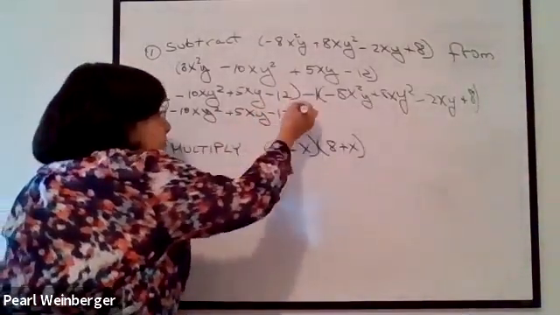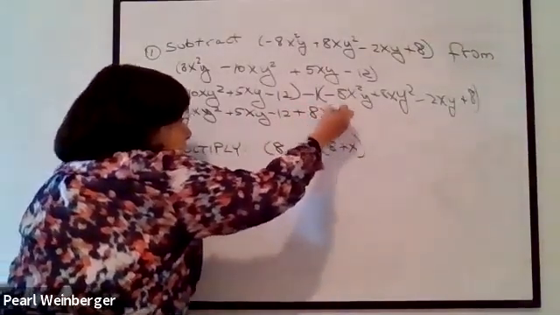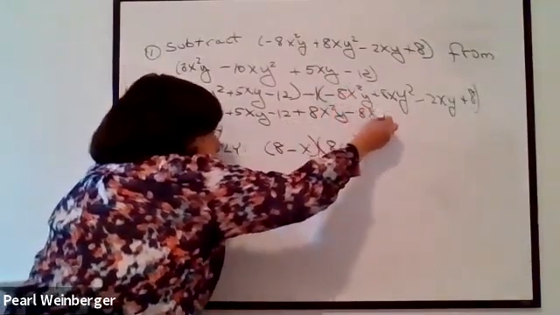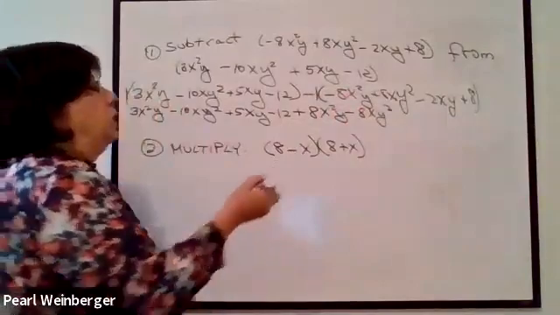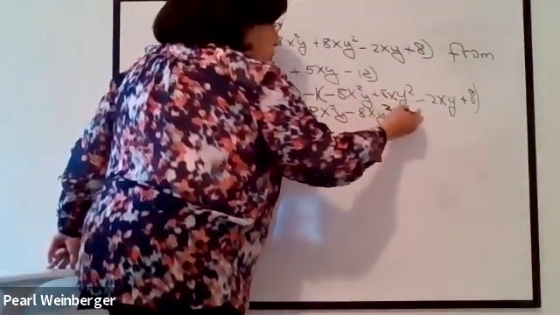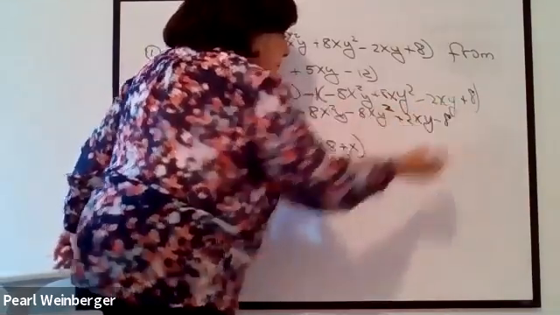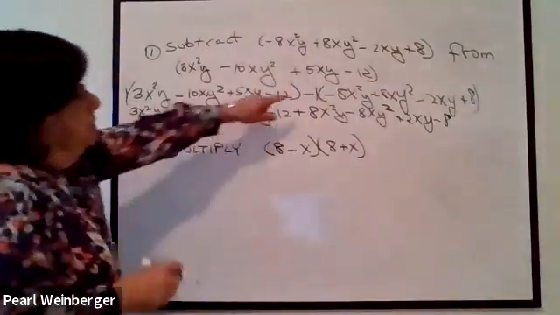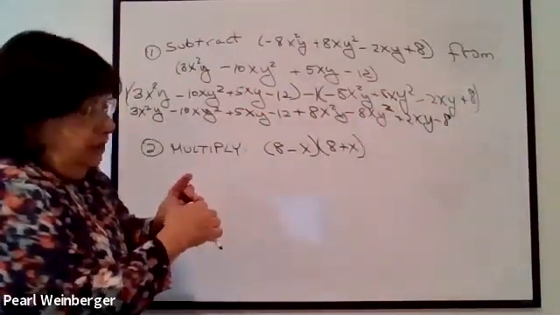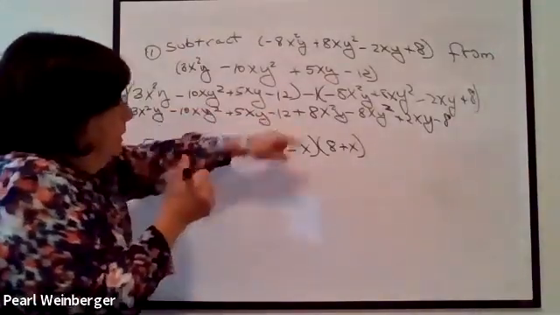So negative times negative becomes plus 8x squared y minus 8xy squared plus 2xy and minus 8. So all the terms in the second parentheses got their signs switched, because this is a subtraction. We're multiplying by a negative number.